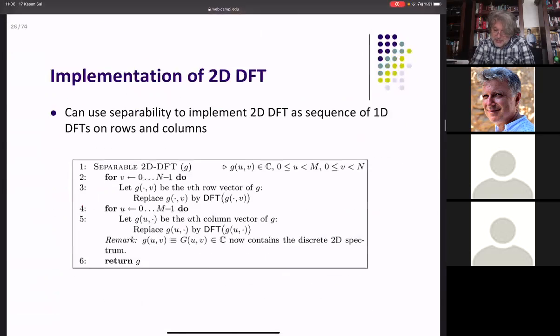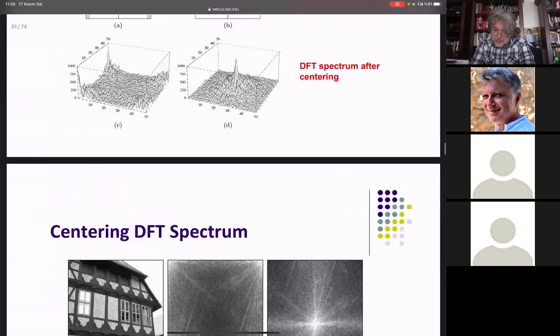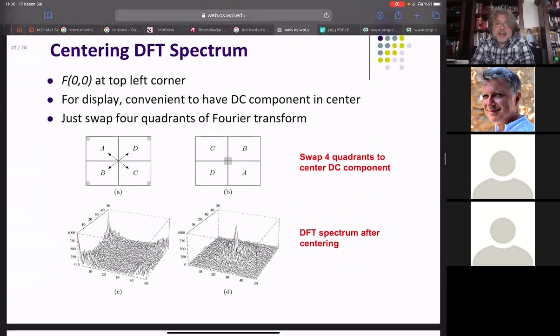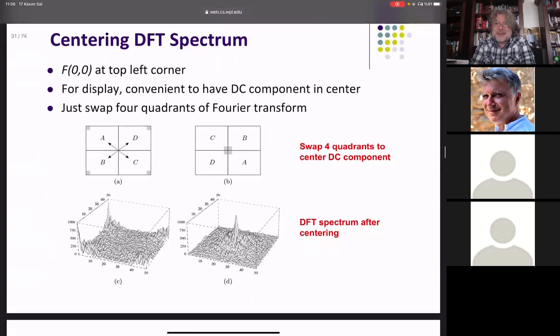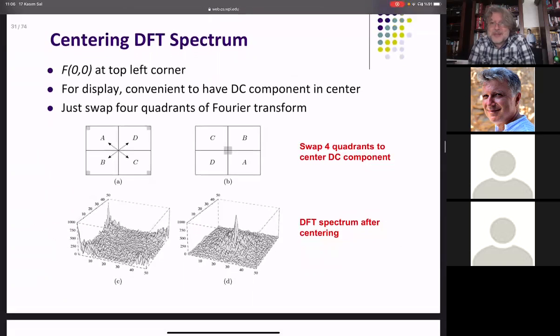Now let me continue a little bit further to show you a few more things that I had been struggling to illustrate, but the illustration was already here all along. So, when you take the DFT of a two-dimensional image, what you encounter is something similar to what you see in figure A here.